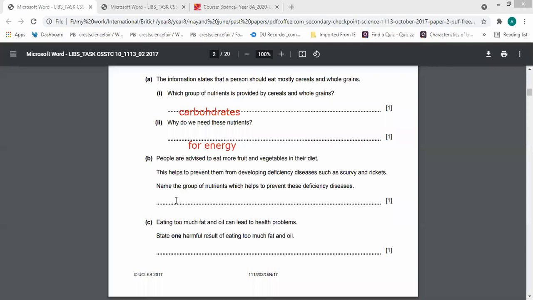These two diseases occur as a result of a deficiency of which type of food? Proteins, carbohydrates, lipids, vitamins, fibers? Vitamins. Yes, vitamins.